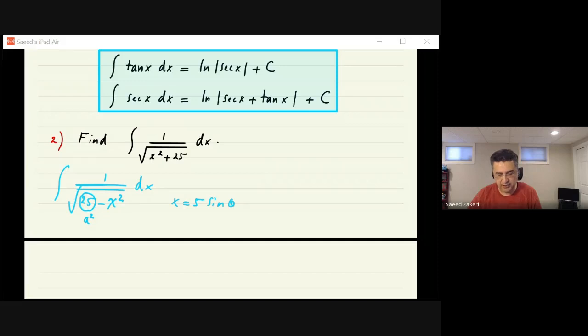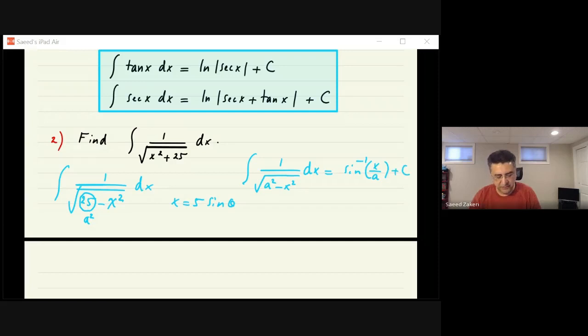That trigonometric substitution would simplify this. Or you could even remember that this is a slight variation of the arcsine integral. If you go back to the first integration lecture, I told you that this is sine inverse of x over a.